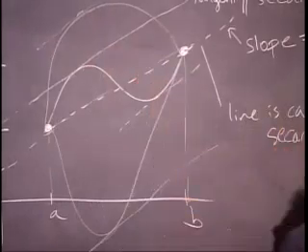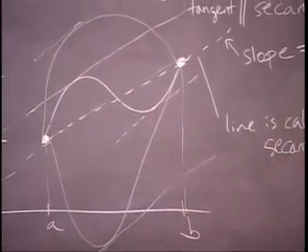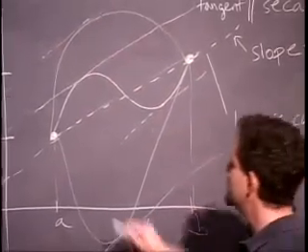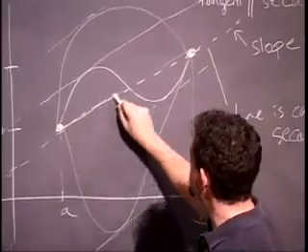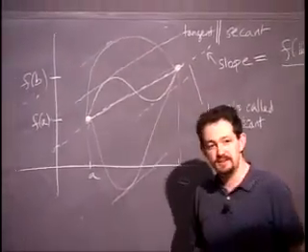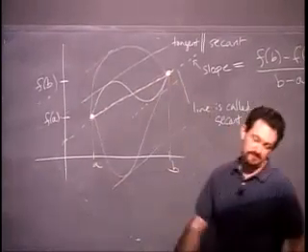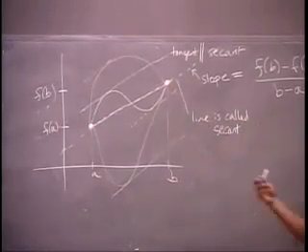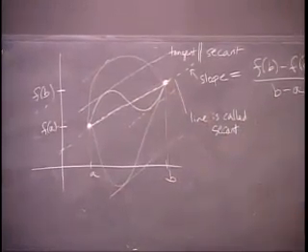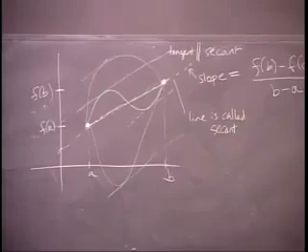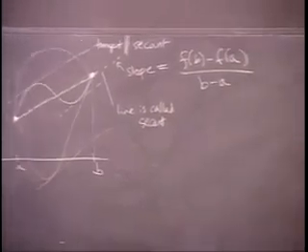All these lines are parallel to the secant. Of course, the extreme case, as it were, is if the thing is just a line all the way up from there to there, and of course then every tangent everywhere is parallel to that line. The slope is always f of b minus f of a over b minus a. Okay, so that's called the mean value theorem.